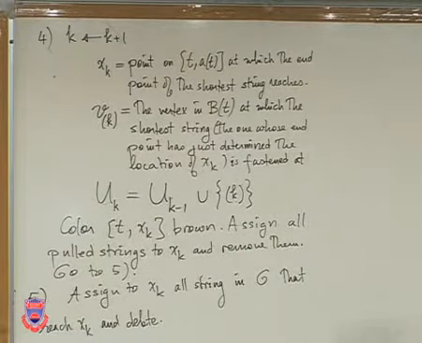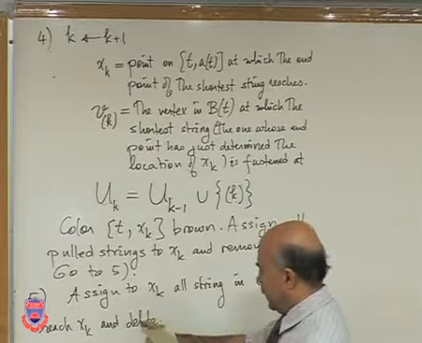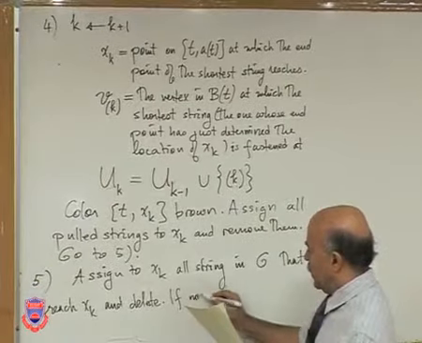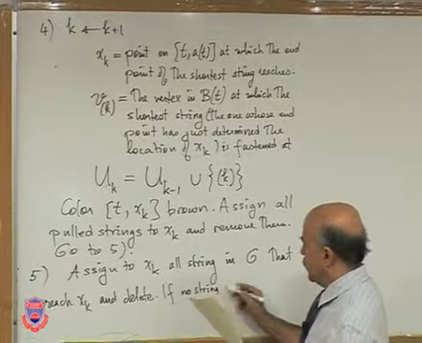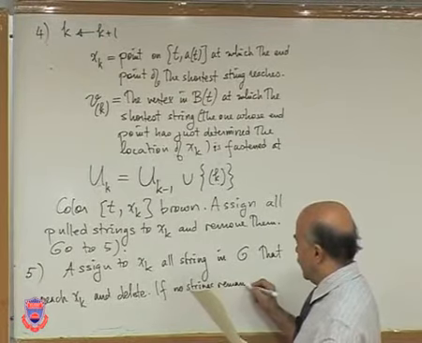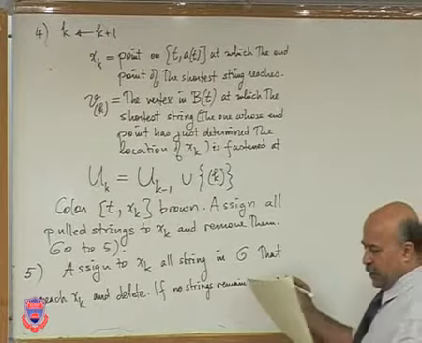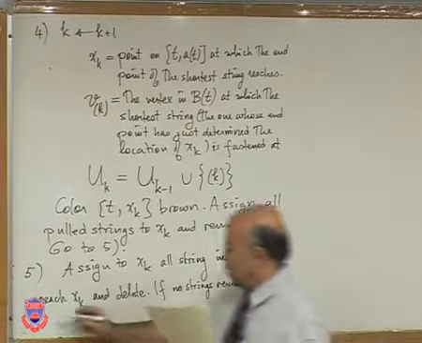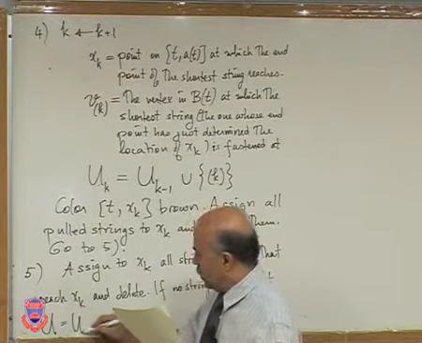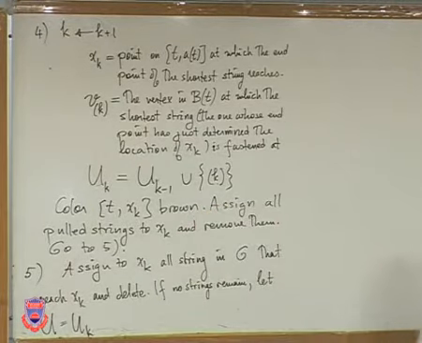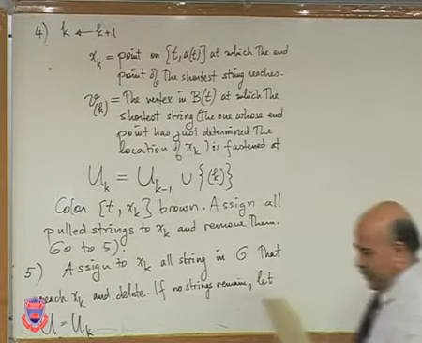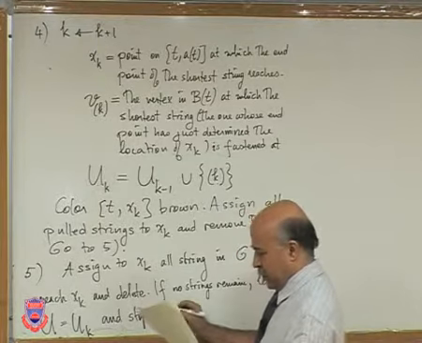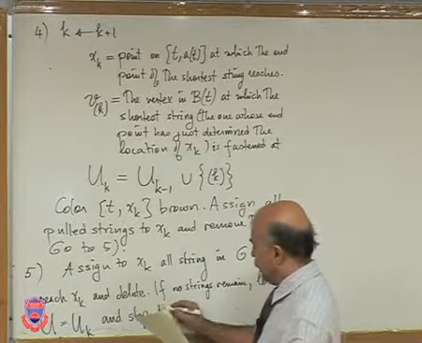If they don't reach, you don't delete them. If no strings remain in the green tree, you go to the termination step, essentially. So if no strings remain, we let U be the last version of U_k, and then we stop. Else we go to 1.